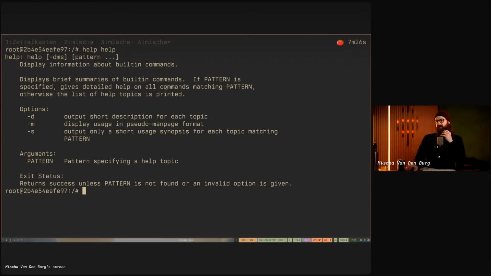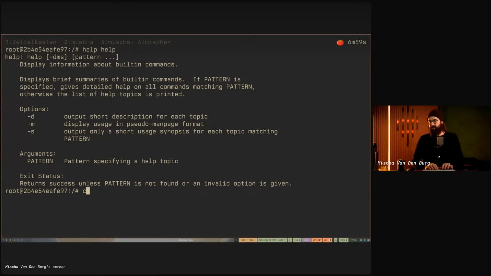So a builtin, the word says it, is built into the bash shell, okay? So when I run fg, the command fg or echo, it is not a binary that's running on my system. It is built into my shell. And those are two very different things. It's either something that you have installed on your system, or it's something that's built into your shell.